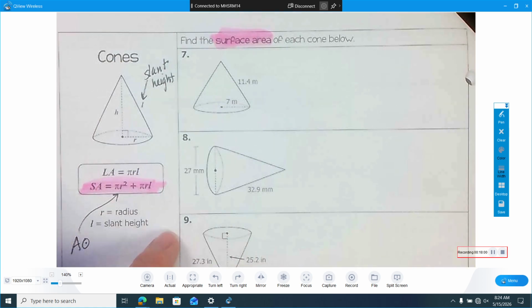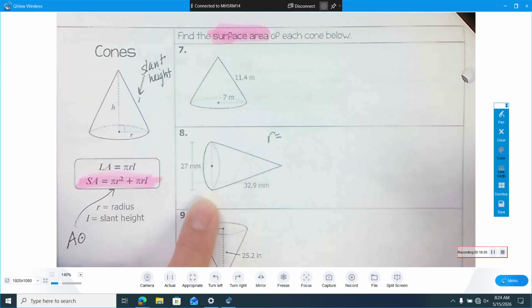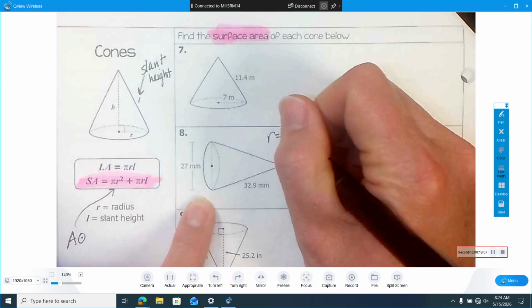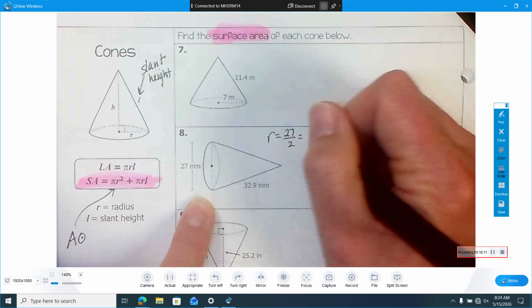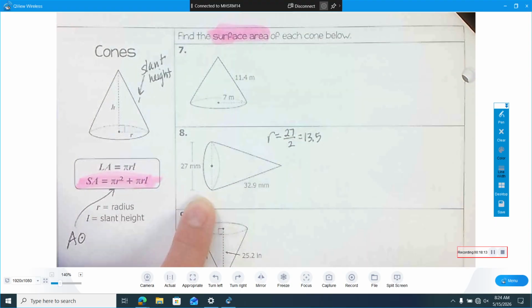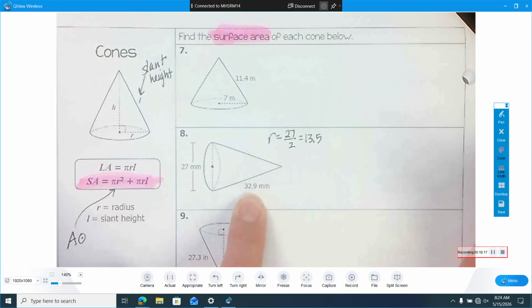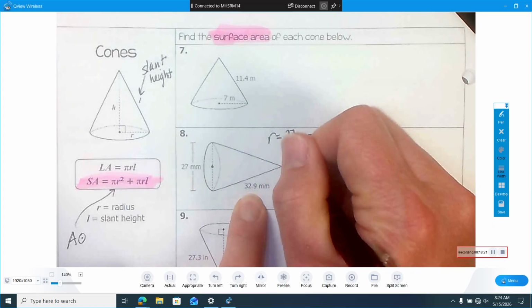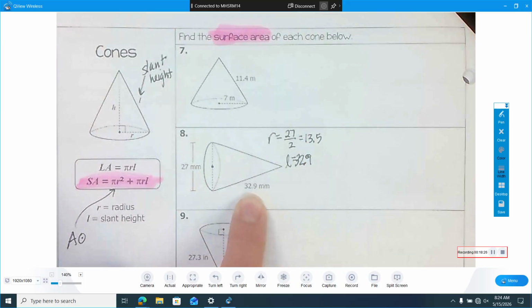Let's do number 8. What is the radius? Half of 27, 27 over 2, which is 13.5. Okay. And 32.9 is the slant height.